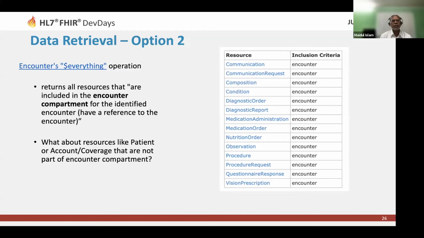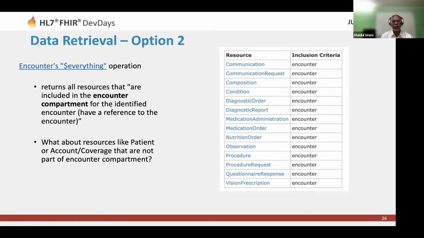Yes, I looked at that encounter compartment. It's called encounter everything. So if you see on the right side, when you make a query with encounter $everything, you can get all the related resources for the encounter, like the communication request, diagnostic report, medication order, or the observation. However, it does have gaps in what the client is looking for.